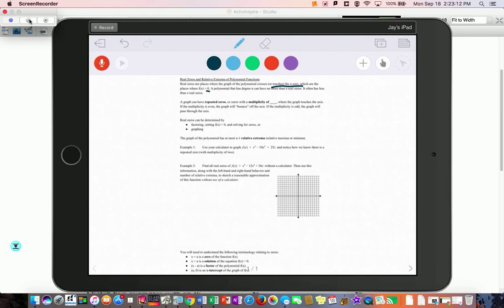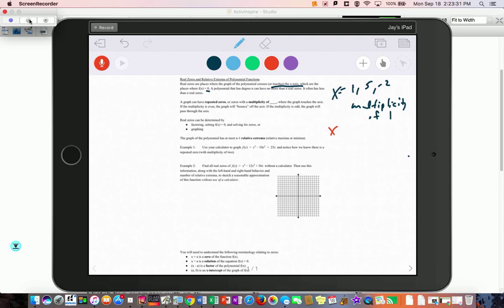A graph can have repeated zeros or multiplicity of 2. So somebody might write down something like x equals 1, 5, and negative 2. Well, they all have multiplicity of 1. There's just one of each of them.